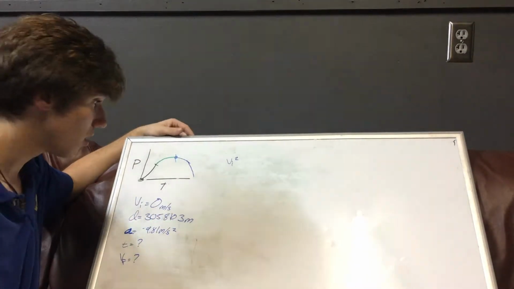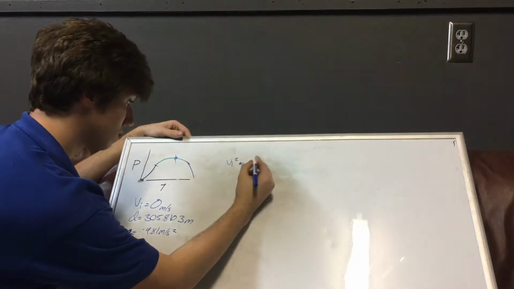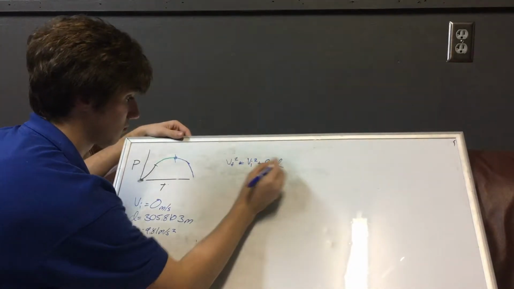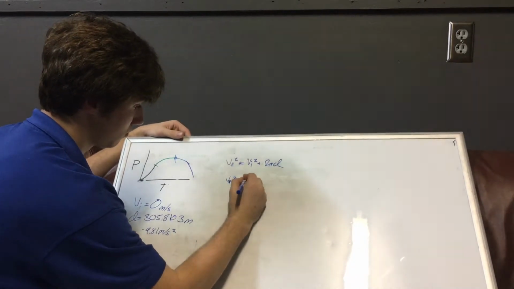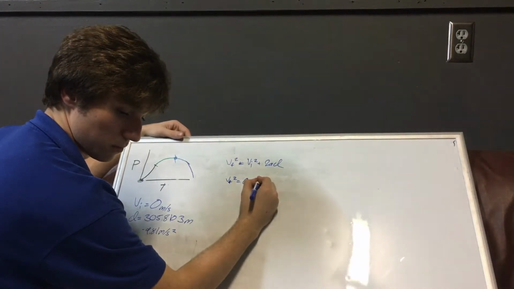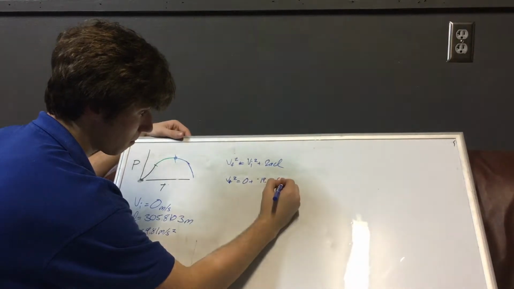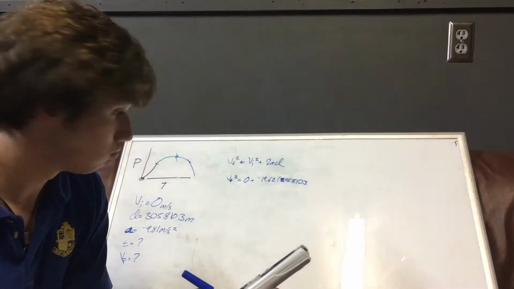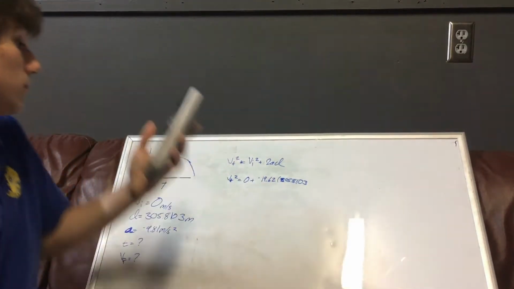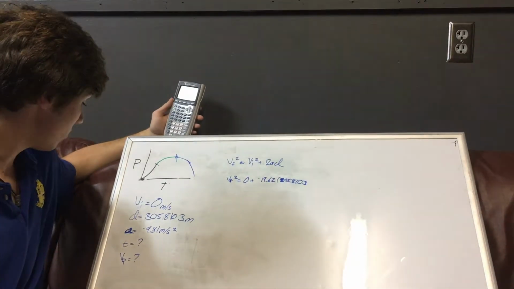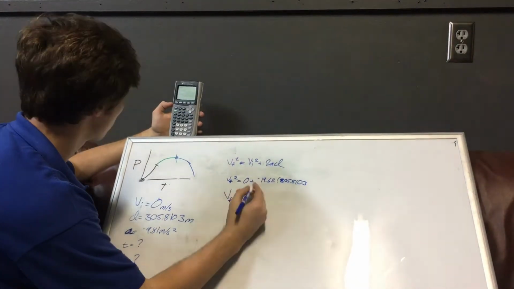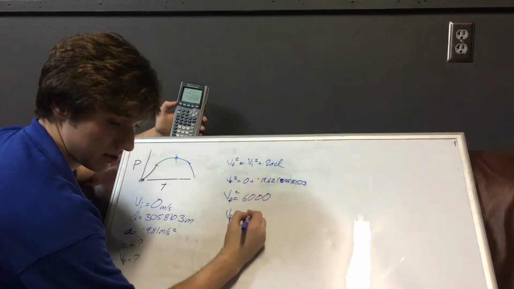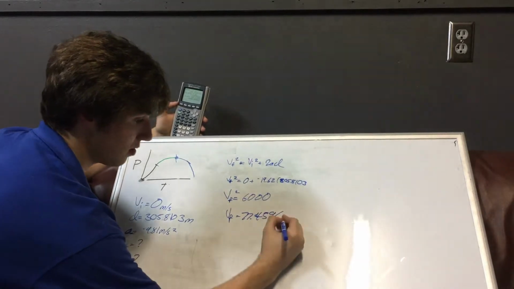It plateaued, so it's 0. Okay, so this gives you a final velocity of, well, this squared is 6,000, so your final velocity is 77.4596 meters per second.